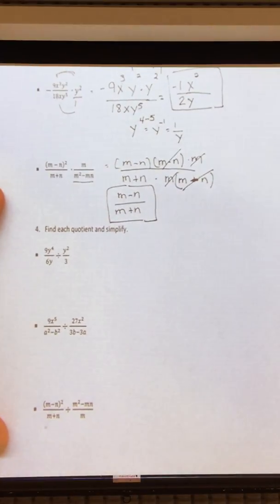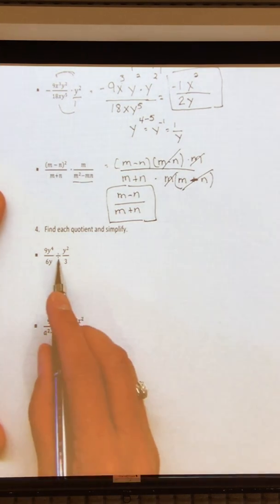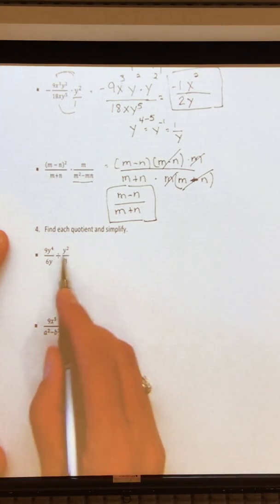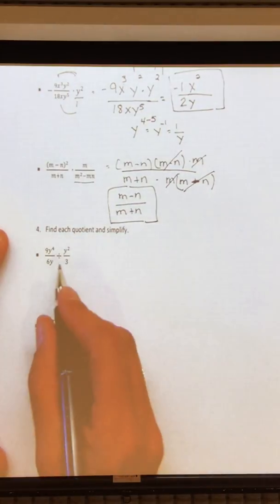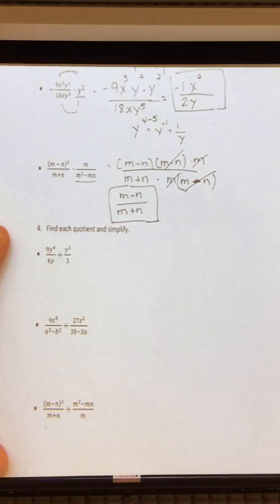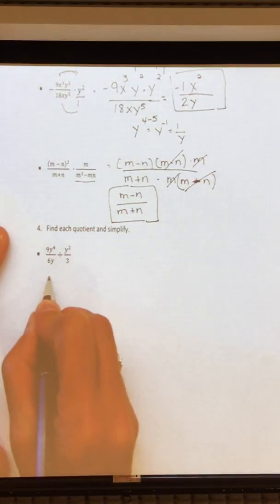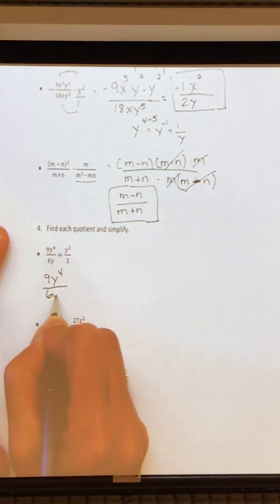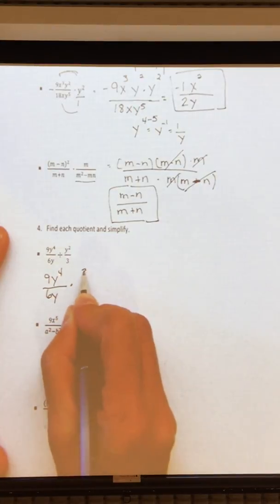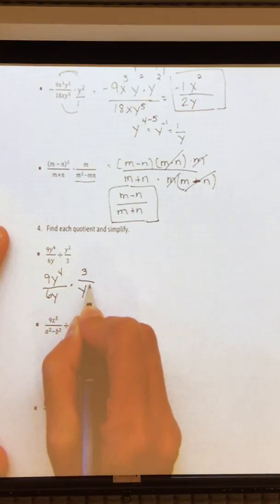Problem number 4, find each quotient and simplify. When you're dividing fractions, you flip the second fraction and you multiply. So you change a quotient problem into a multiplication problem. So you have 9y to the 4th over 6y times 3 over y squared.